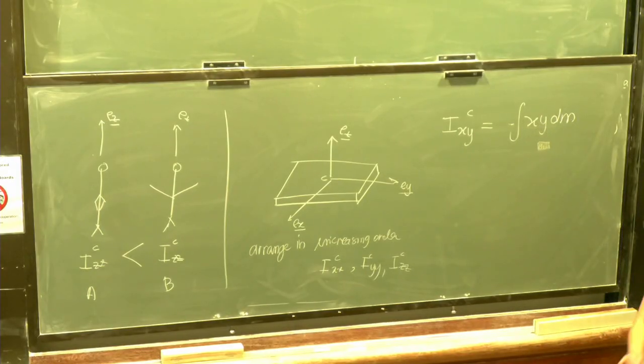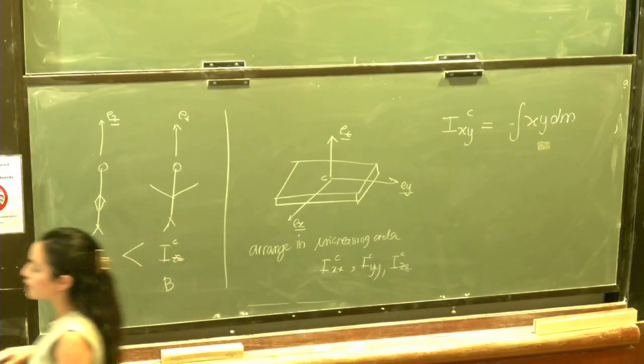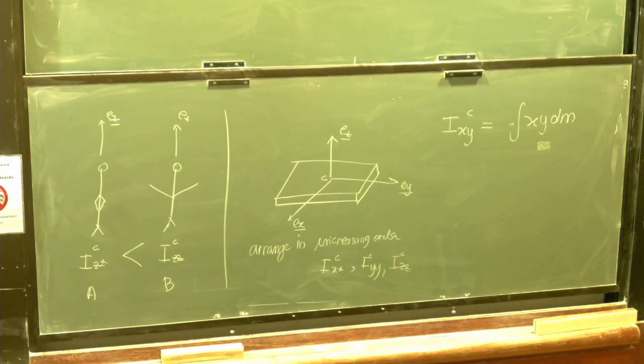Oh, one thing I need to say is that in Meriam and Kraige, the textbook, instead of calling this term Ixy, they call it minus Ixy. So then Ixy would be the positive integral, not the negative integral. But we're not going to do that.